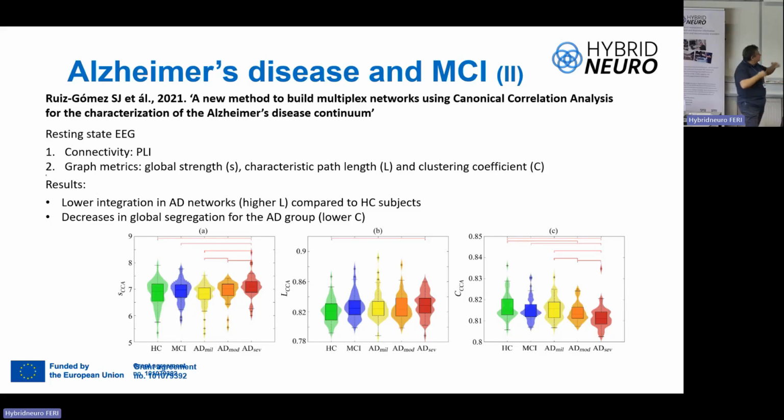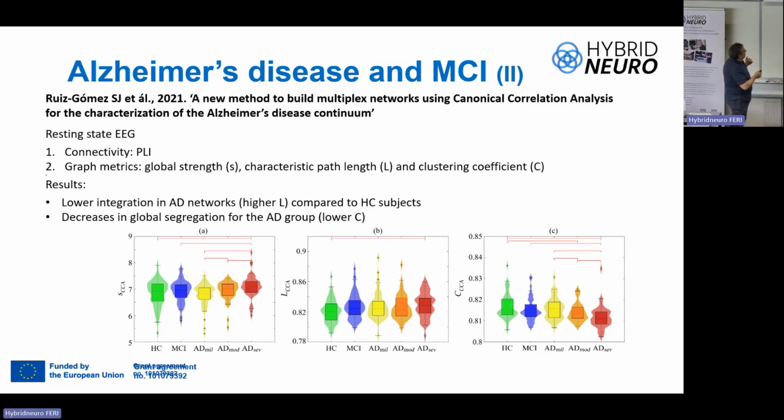The cluster coefficient is lower because the number of triangles, the connectivity, is lower in this Alzheimer's.